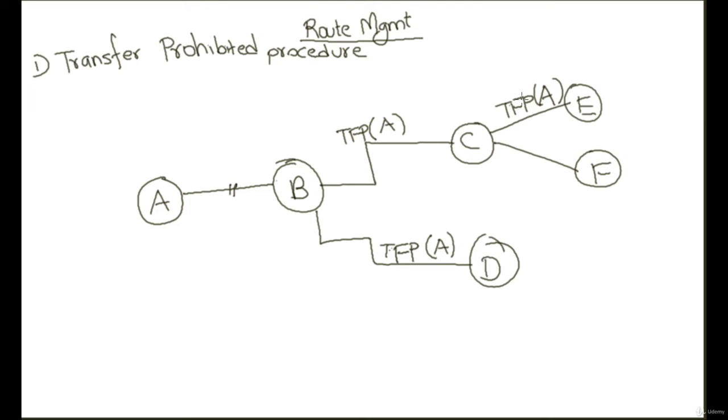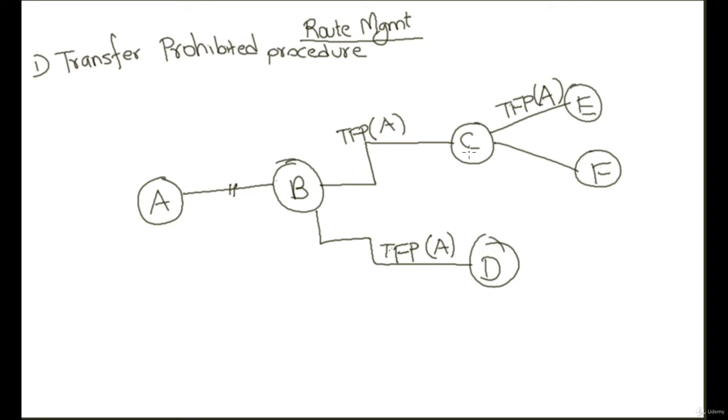Now when is the point when it is not transferred? Suppose that at point C there exists some other route from which A is accessible, then C is not going to send the transfer prohibited message further. If there is no route available, then C has to inform all the adjacent nodes that A is no more accessible via this.